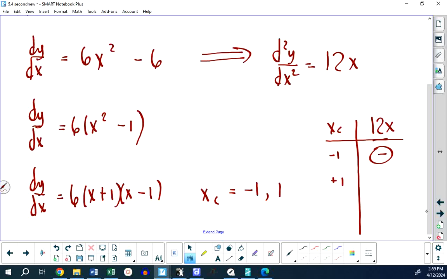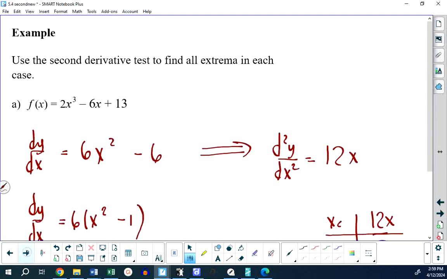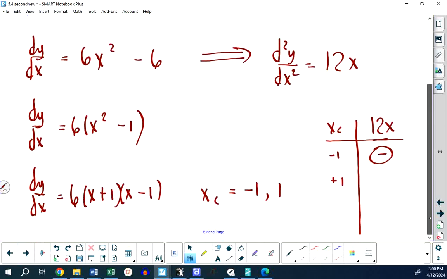So think about what that means, because you're not always going to have this thing in front of you. When x is negative 1, the slope is 0 because the derivative is 0. Right, these critical values of x make the derivative 0. So that means the slope of the tangent at negative 1 is horizontal. But it's concave down because the second derivative is negative. It has to be a maximum.